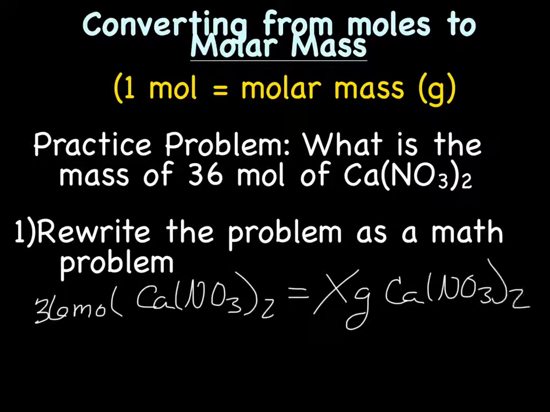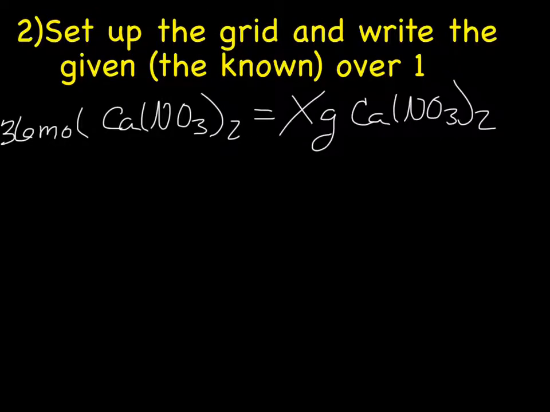Okay, next, just like yesterday, set up the grid and write the given or the known over 1. So again, we know we have 36 mole of CaNO3.